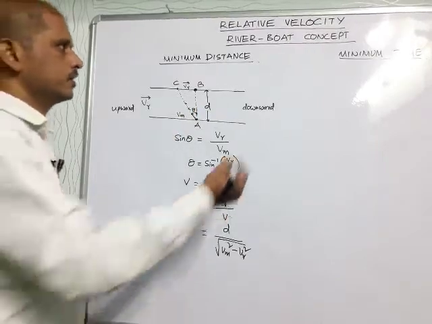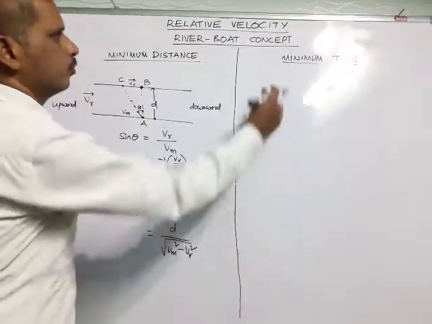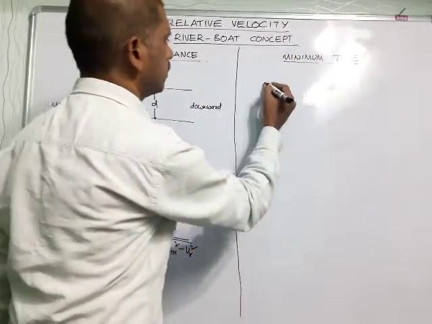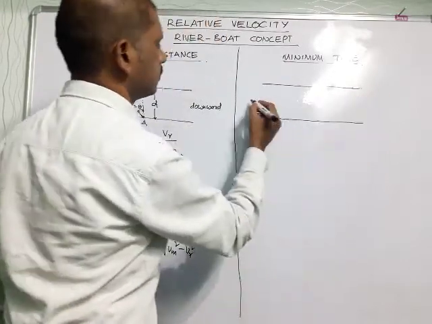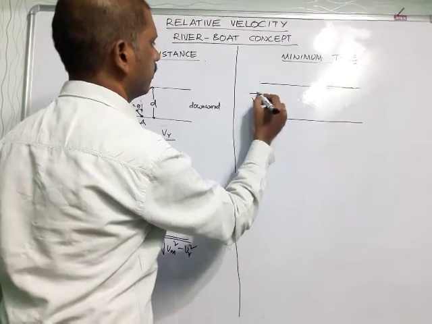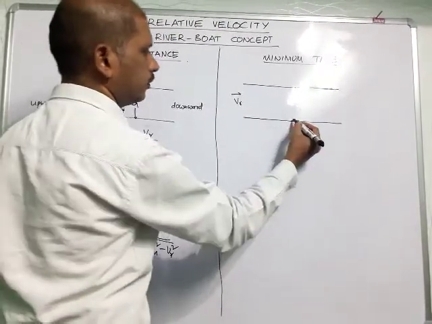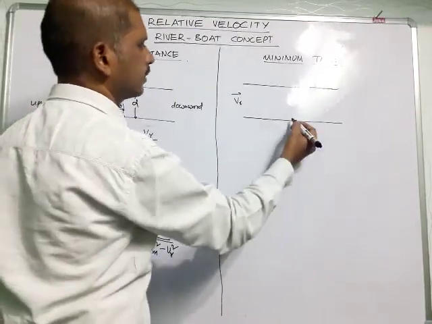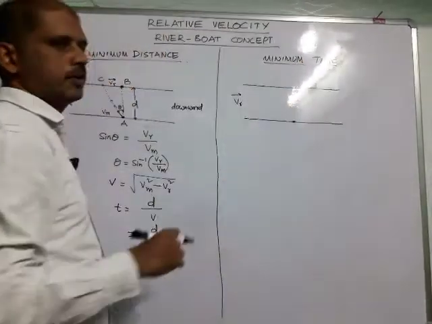Now the second case, that is minimum time. Considering the same case, the person is crossing the river. This is the velocity of the river. Then the person started to swim to cross the river to reach the other side. But here we have to consider the minimum time.